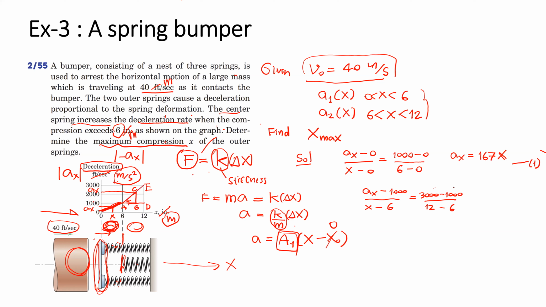Can you help me compute this? 2,000 divided by 6 should be 334, right?